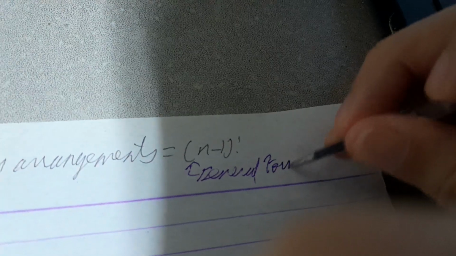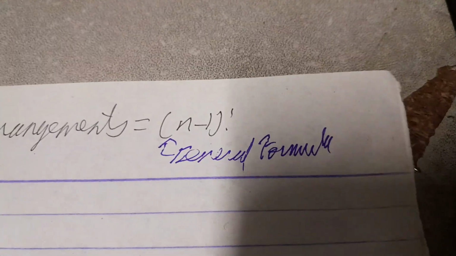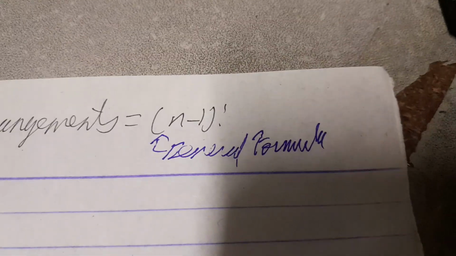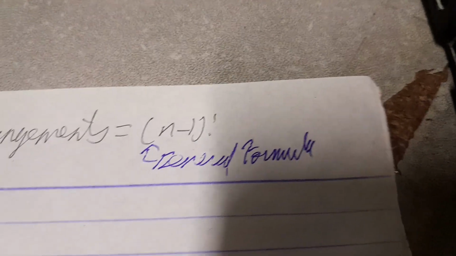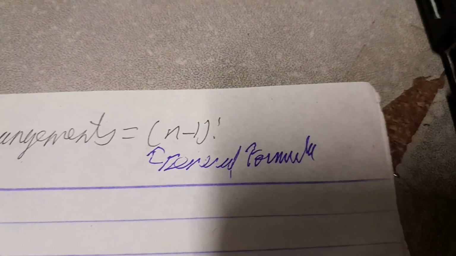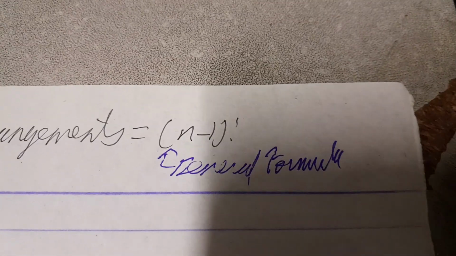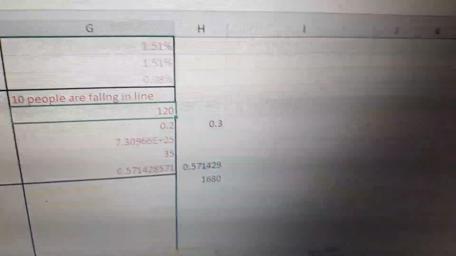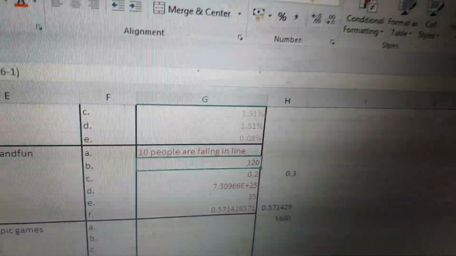That is the general formula for solving this problem. With 6 people, n is 6, so 6 minus 1 factorial, which is 5 factorial. So 120 is the answer.